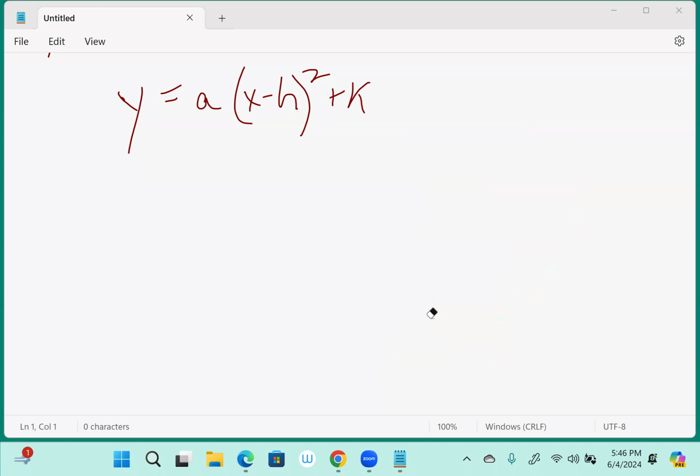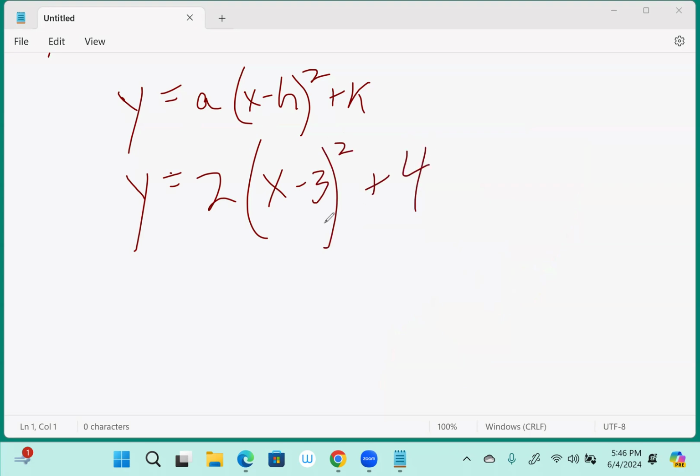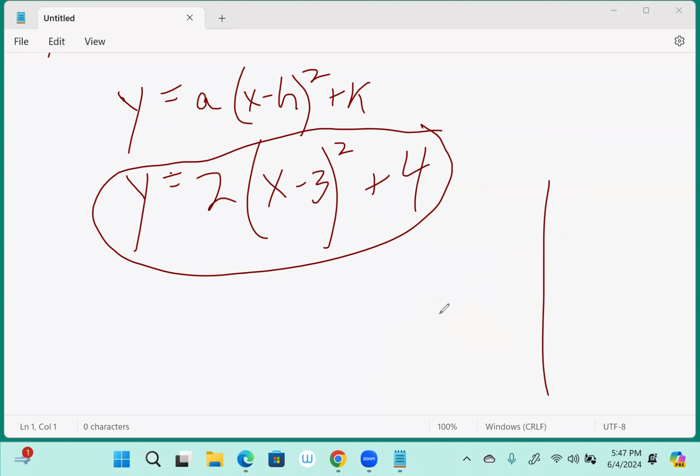If you are given an equation such as y equals 2(x minus 3) squared plus 4, you would be able to graph it quite quickly because you know where the vertex is.